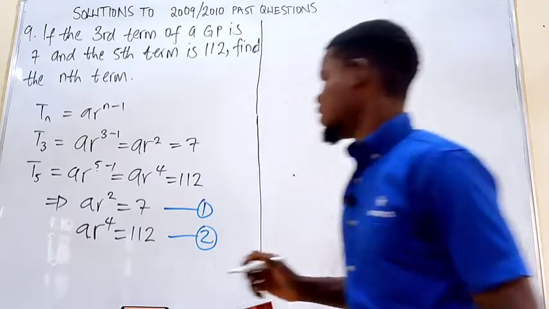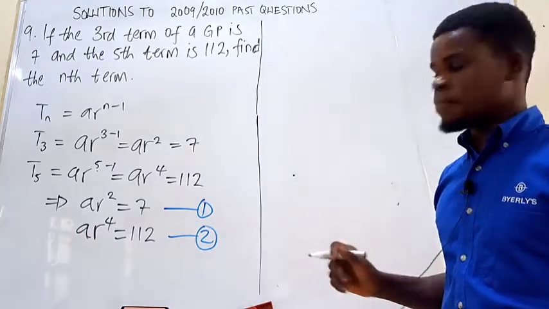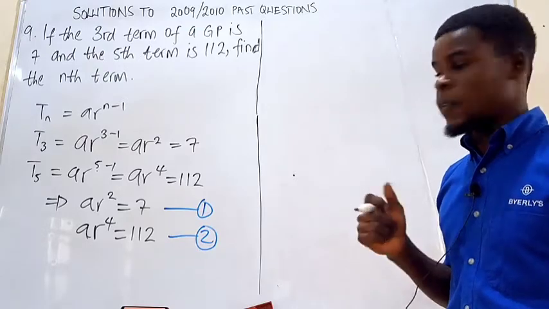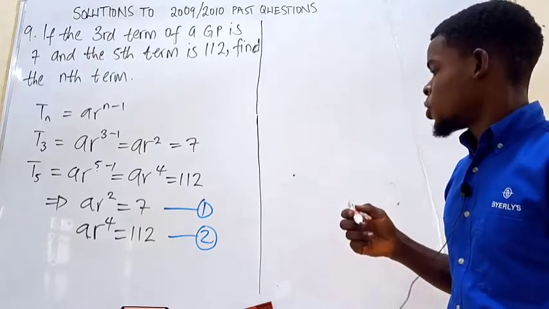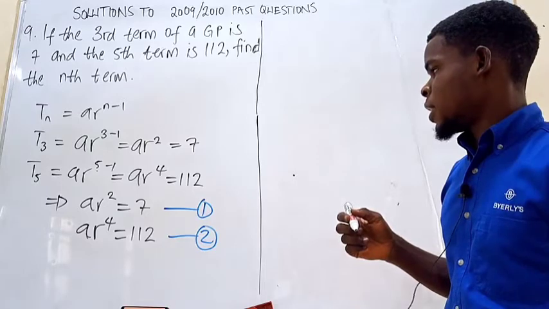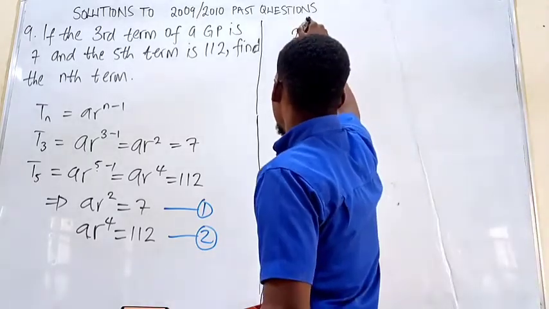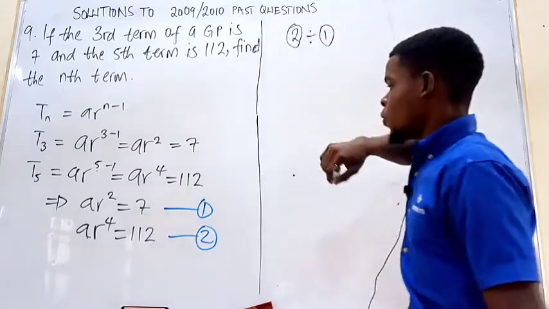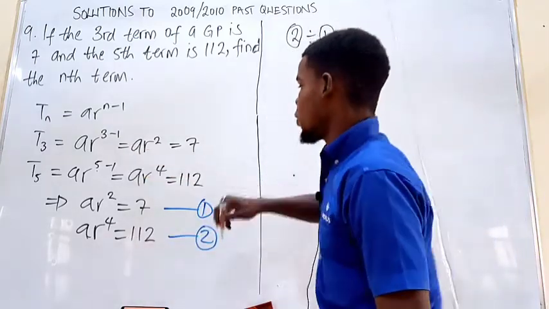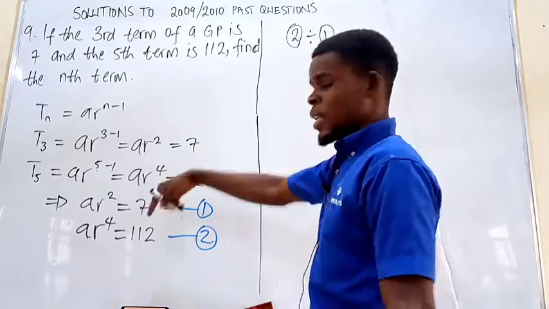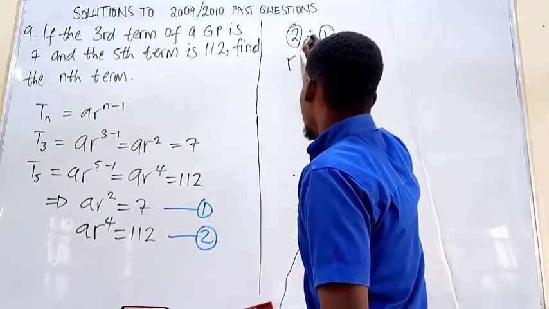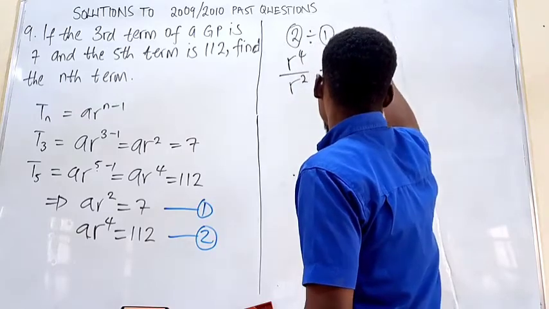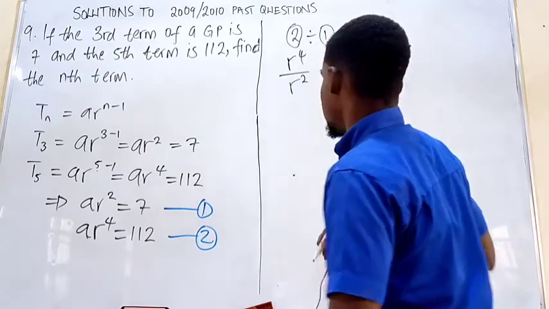Alright, so from here we can try to get the values of a and r. Let's go ahead and divide equation 2 by equation 1. You will see that the a and the a will cancel and we'll be left with r raised to the power of 4 divided by r raised to the power of 2 equals 112 divided by 7.